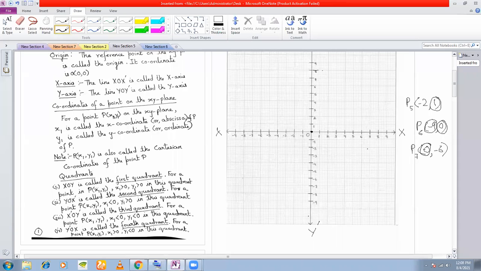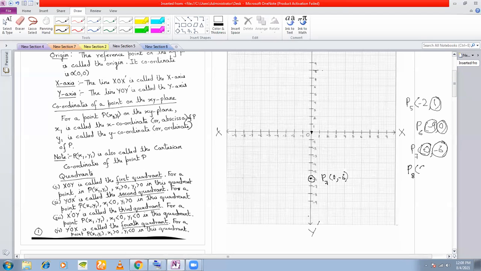That means we cannot move horizontally, because the x coordinate is 0. Look at the y coordinate. How much is the y coordinate? -6. So starting from the origin, you start moving vertically downwards because the y coordinate is negative. So this is your point P7, (0, -6). Clear?